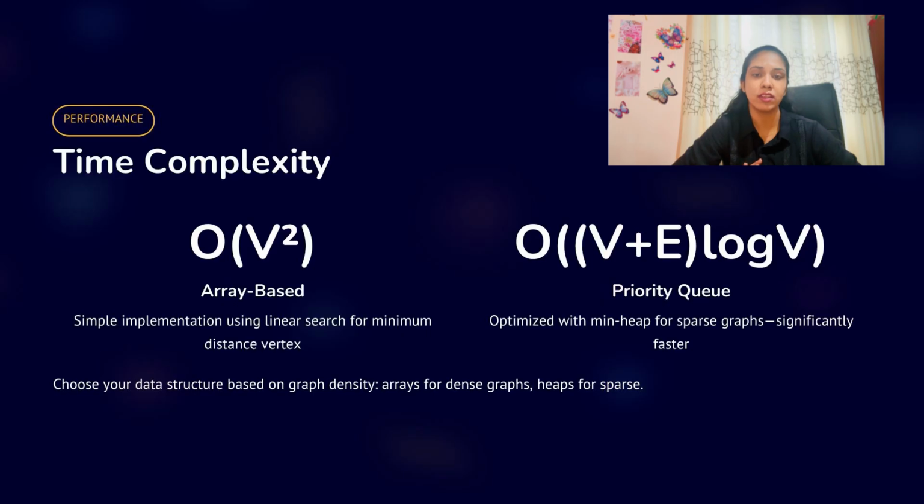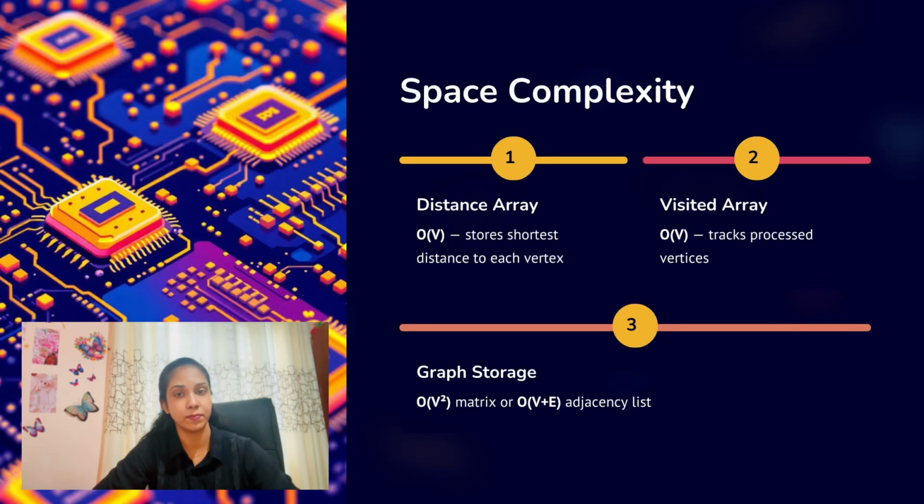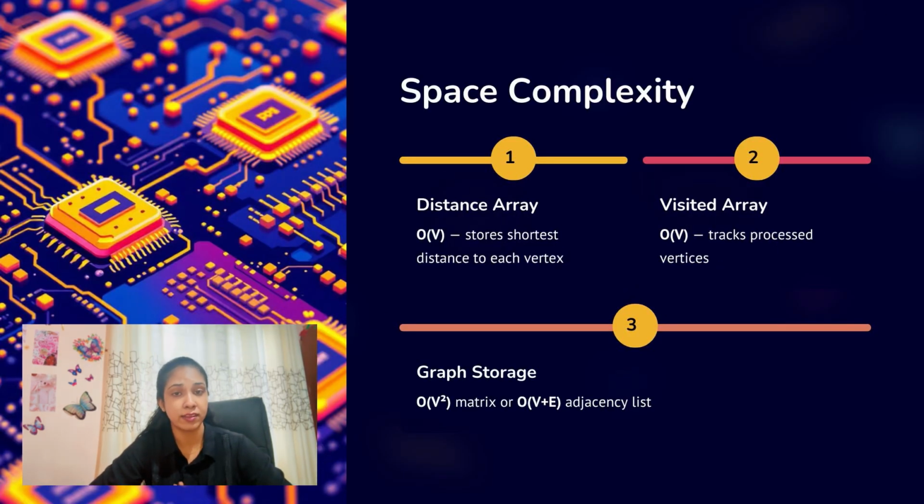So choosing the right data structure is very important. Then space complexity. Space complexity mainly depends on the distance array, visited array, and graph storage. Overall, it is efficient and manageable.